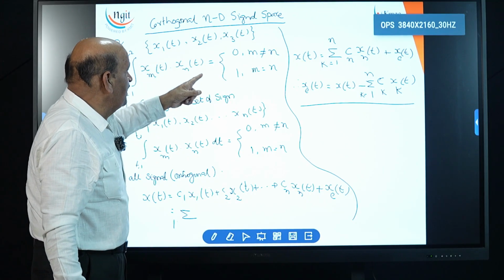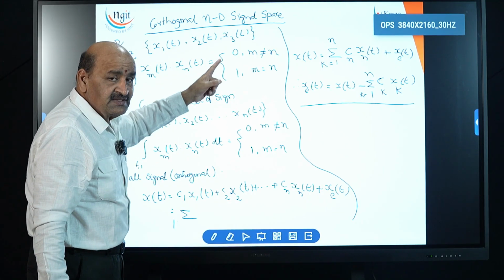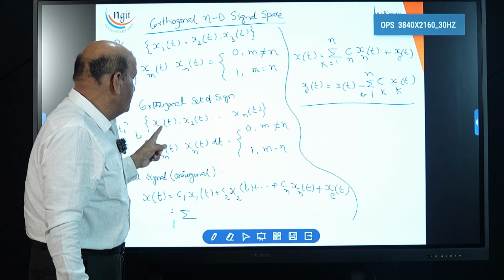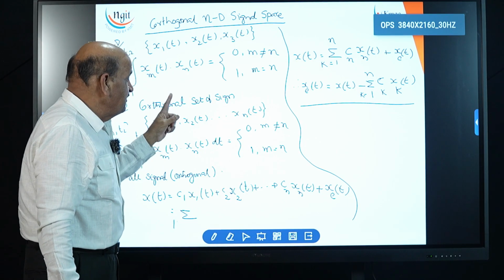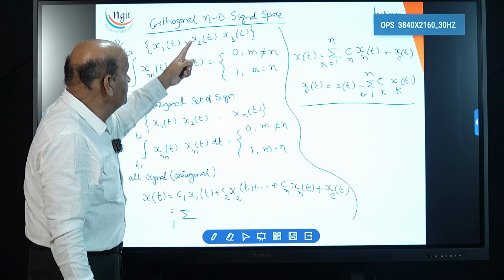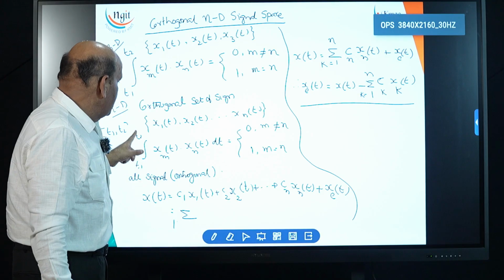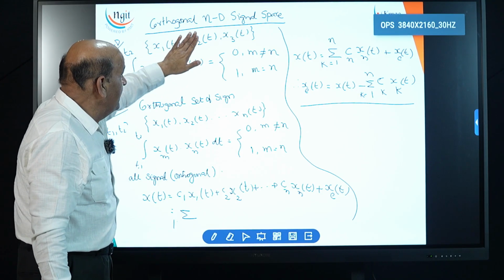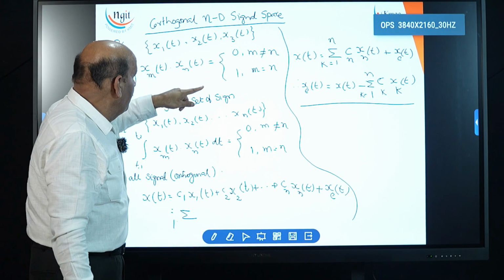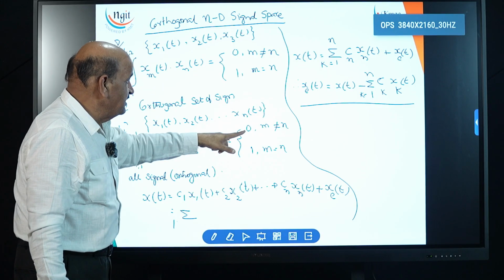This is the example, for understanding purposes, of 3 signals. This is the actual representation of n-signal space. Now just look at the orthogonal set of spaces. Now these are very much important. Whatever the dimension may be, all have to satisfy this condition.